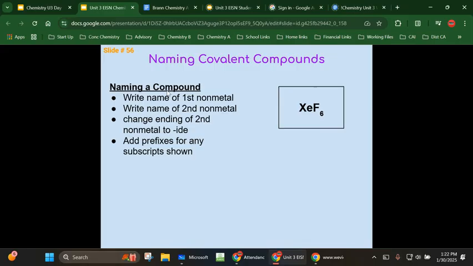What was it? Xenon. Xenon hexafluoride. The noble gas? What the heck is it doing in a compound?